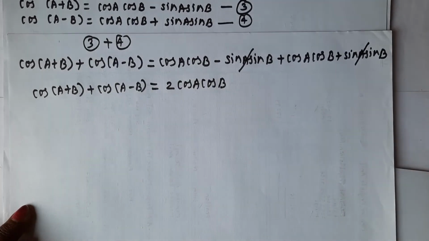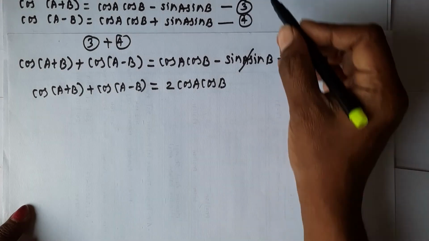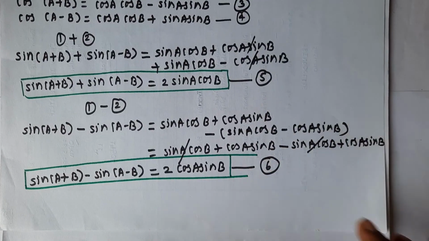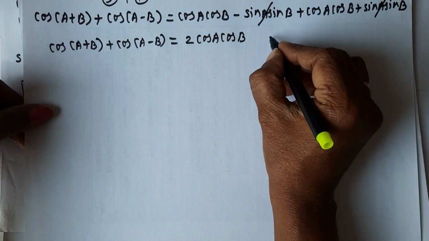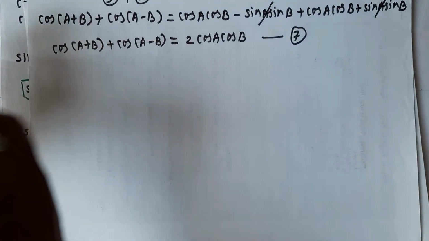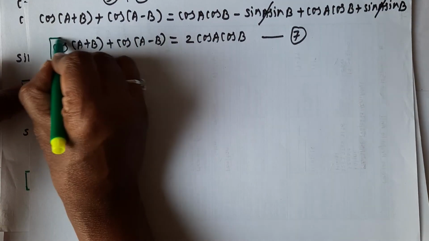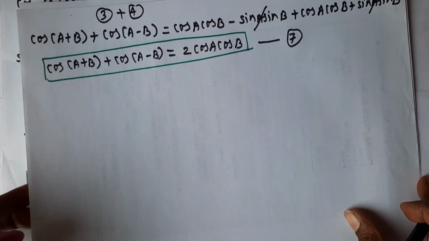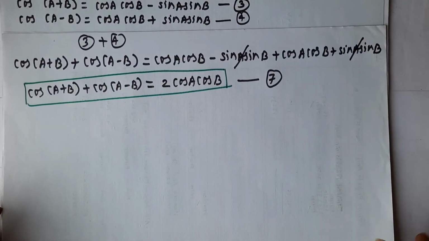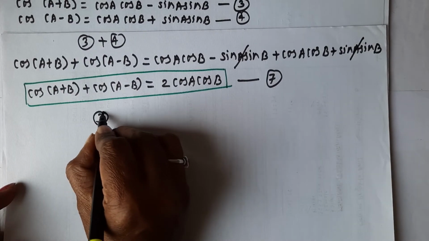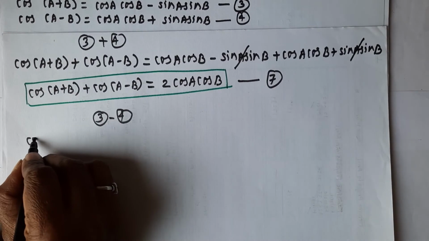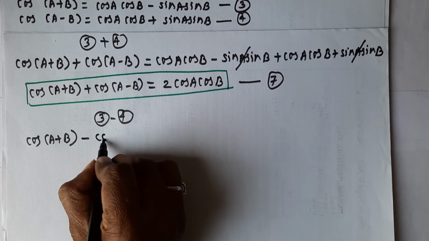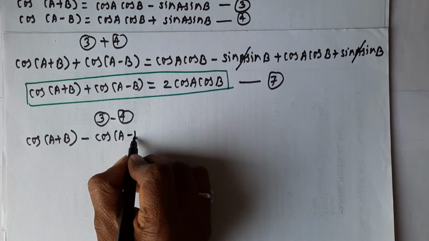Now, this is 1, 2, 3, 4, this is our fifth and sixth. Treat this as the seventh formula. Now again we will take the subtraction of these two formulae. Take 3 minus 4. This will be cos(A+B) minus cos(A-B).